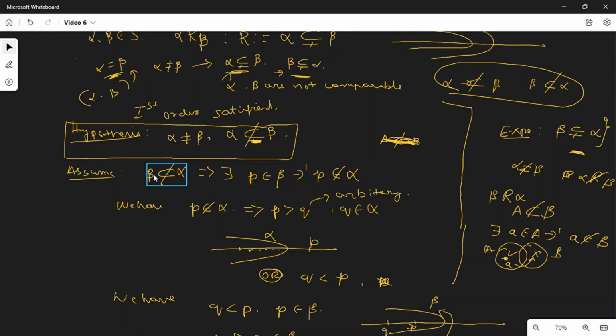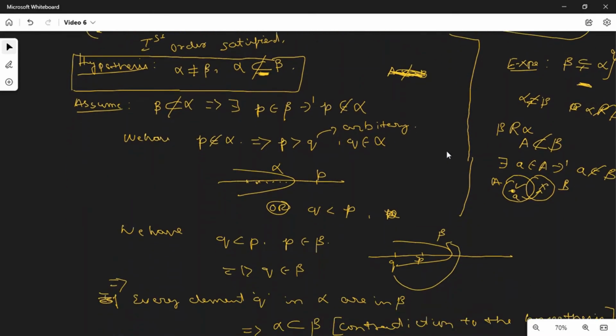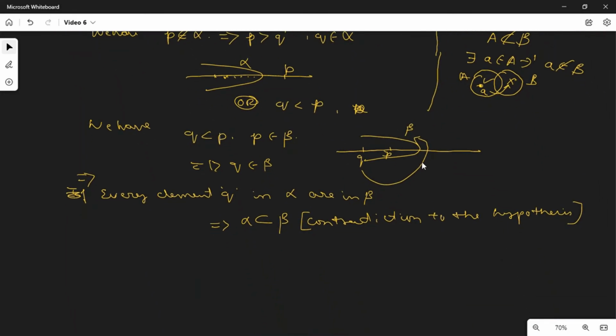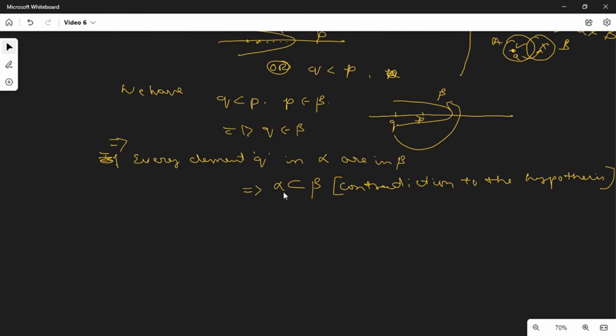The picture says that this should happen, but we don't have a logical explanation, so we go for the contradiction method. We assume what we don't want and check whether that gives a contradiction. Yes, it does, because one of the basic things was that alpha is not a subset of beta, but we are getting alpha is a subset of beta. So our assumption is wrong.